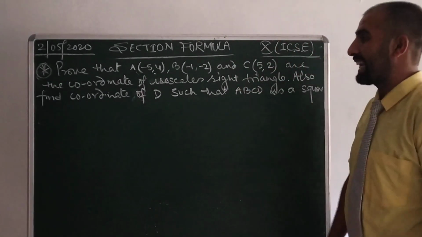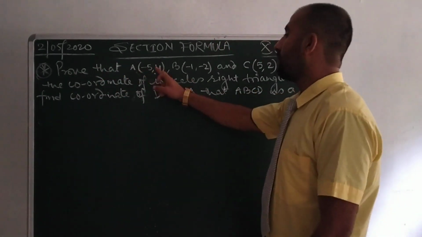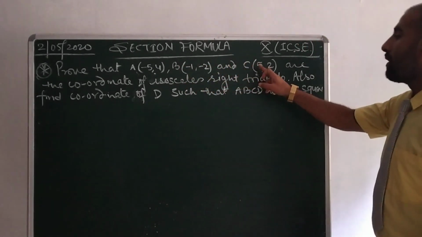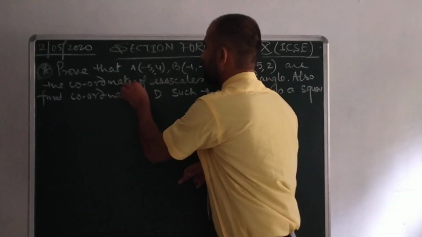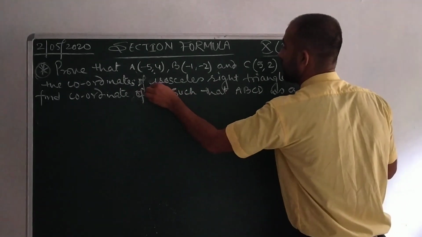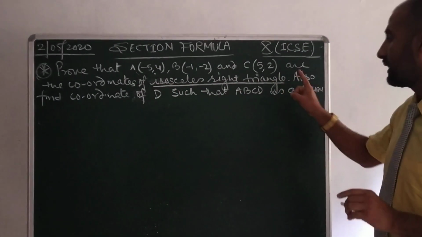What does the question say? Prove that A(-5, 4), B(-1, -2) and C(5, 2) are the coordinates of an isosceles right triangle. Keep this in your mind. Isosceles as well as right triangle.